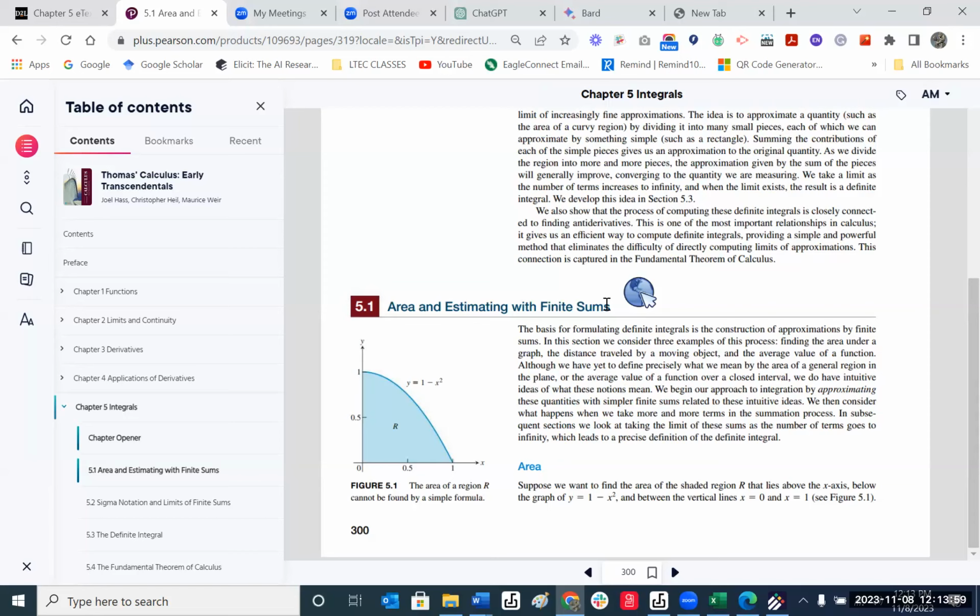Learn what you can from any one of the AI tools. Learn as much as you can about area and estimating with finite sums in Calculus 1. There's no wrong answer here. It's just that you're learning how to, and then bring a printout or send me via email this weekend what prompts you put in there and what it told you.